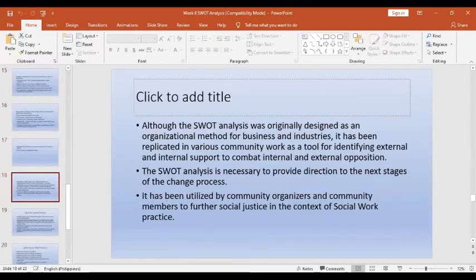Please take note that the SWOT analysis was originally designed as an organizational method for businesses and industries. But it is also used in community work, where it can be replicated to identify the external and internal support in order to combat the internal and external opposition.